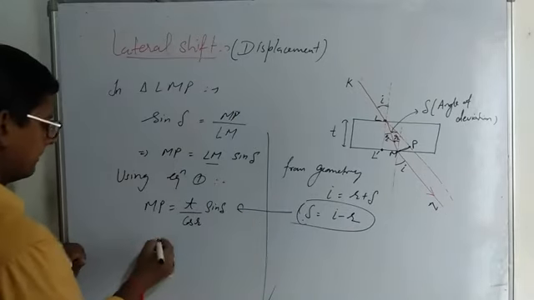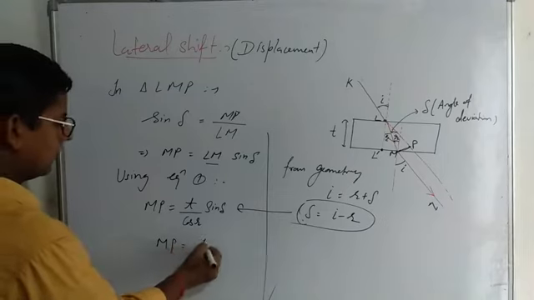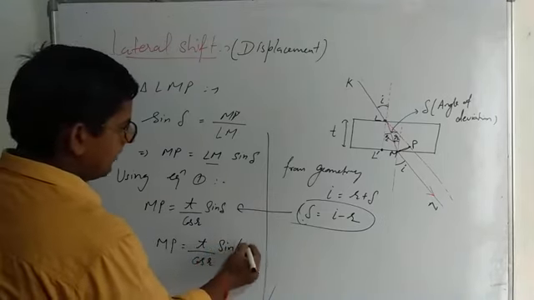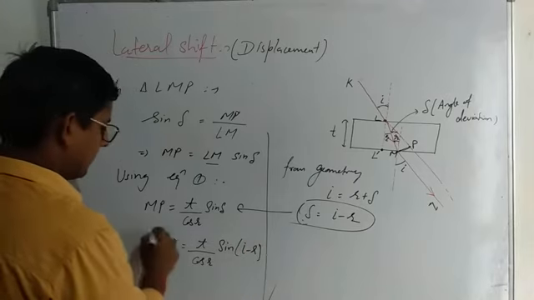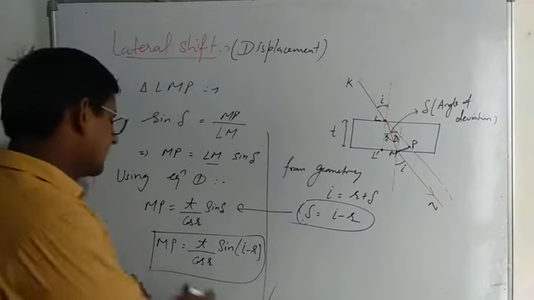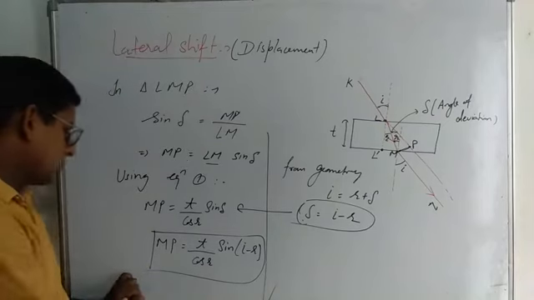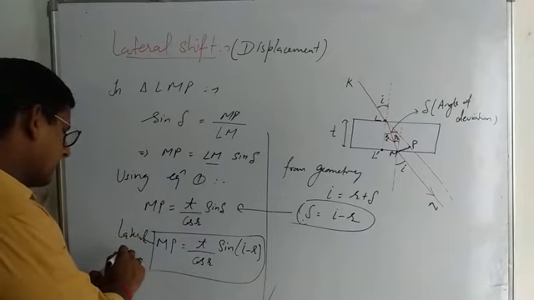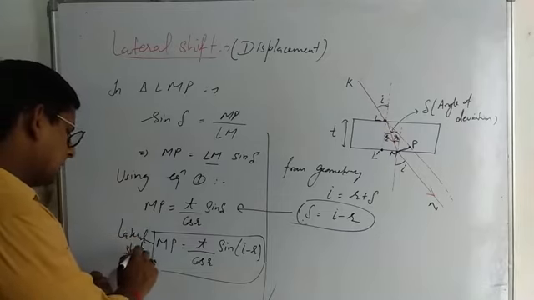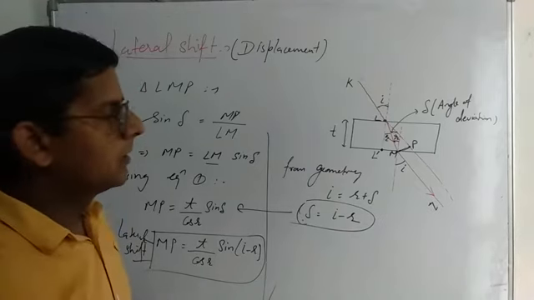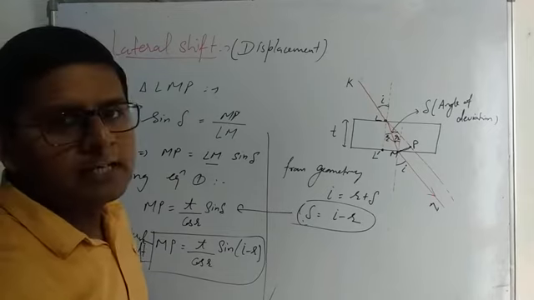What you got here: MP is equal to T over cos of R into sine of I minus R. And that is your required formula for the lateral shift or lateral displacement. MP is your lateral displacement. That is your required relation for the lateral shift.